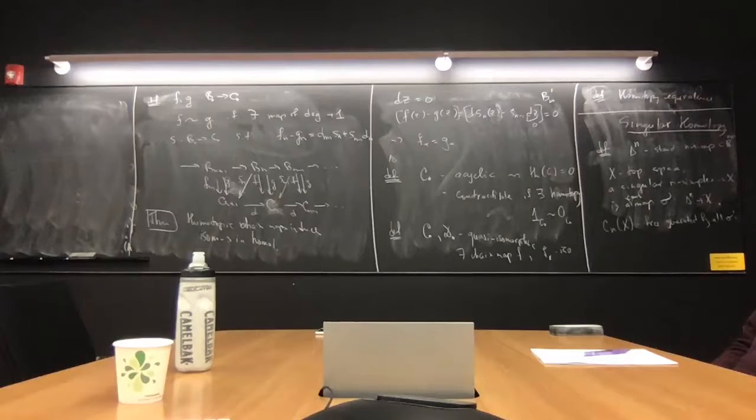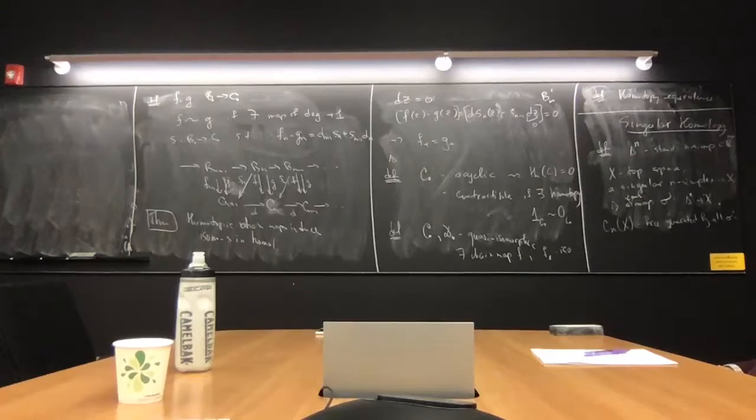Just formal sums with integer coefficients of these sigmas. You can think of the image of a sigma as an actual subset, and then it's a linear combination of subsets, more or less. Yes, free abelian.